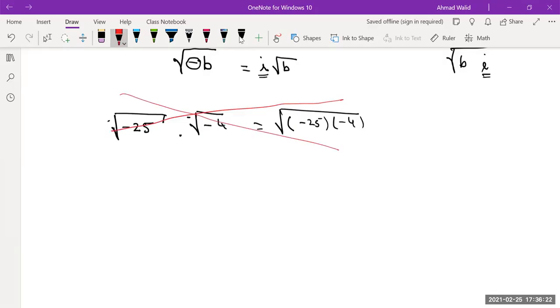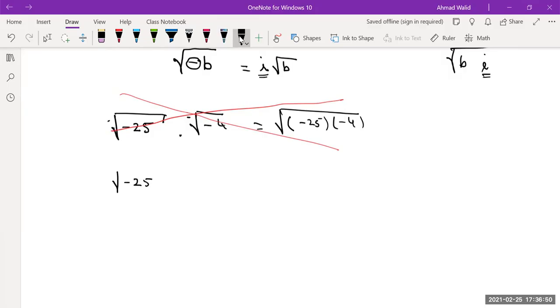When you are multiplying square roots where your radicand is a negative number, how to proceed? First, rewrite it as an imaginary number. What do I mean? Let's rewrite.